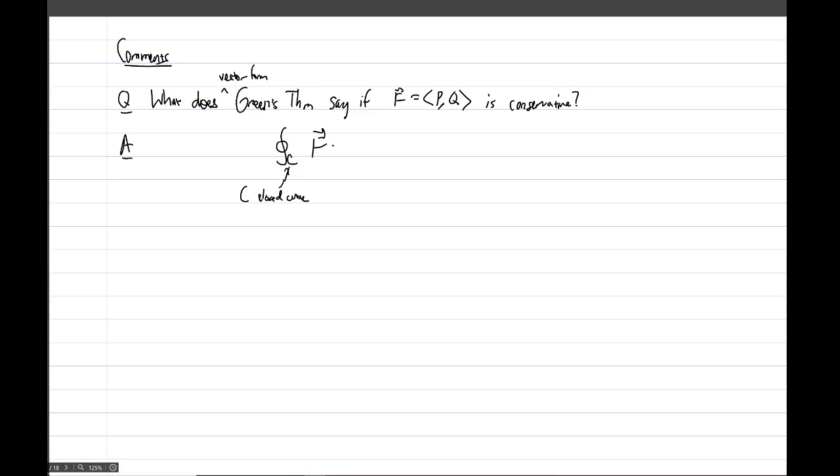We have F dot dr, and then what we had just seen presented was that we could write this as the double integral of curl of F dotted with the k vector dA. Well, the point is, if you have F as conservative, then curl of F is the zero vector. So when you dot the zero vector with the k vector, you get the zero scalar, right? So you end up integrating the scalar 0.